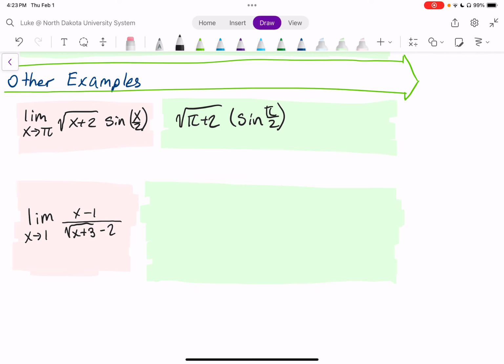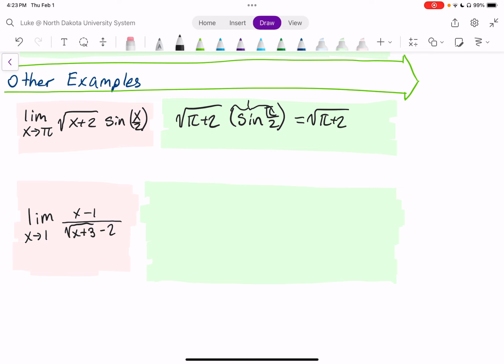Here, sine pi over 2, you may already know that. It's fine if you don't. You can just use a unit circle. That's going to be equal to 1, so this is all equal to 1. That means that this just equals the square root of pi plus 2.